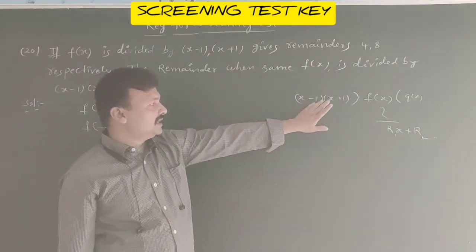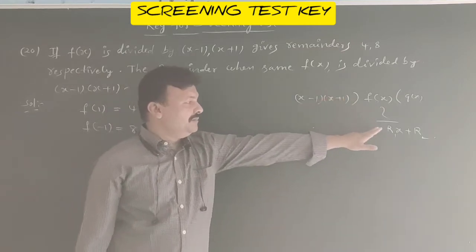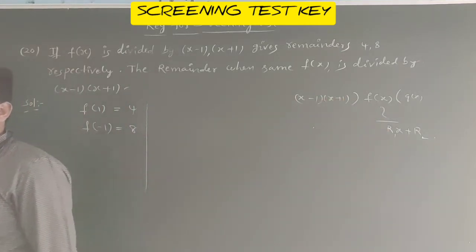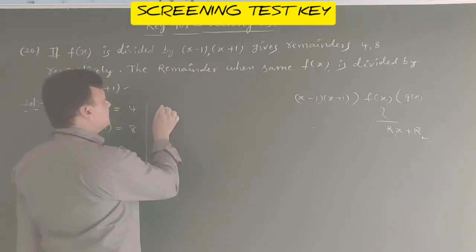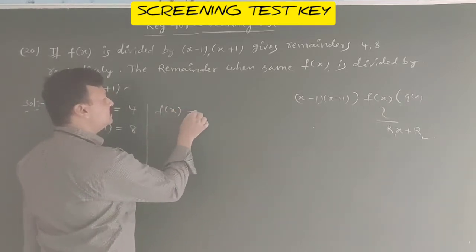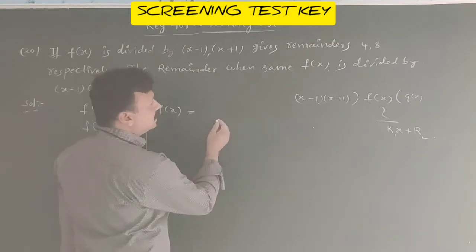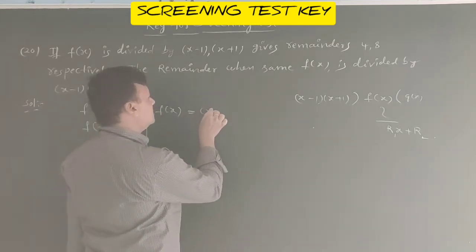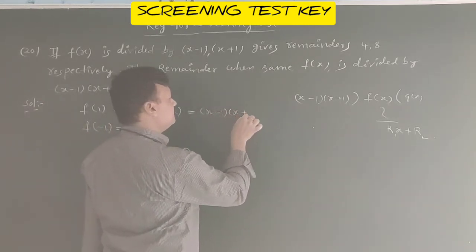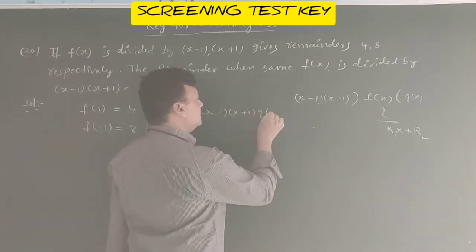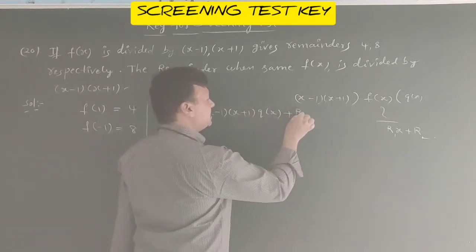If the divisor is quadratic, the remainder may be linear. That's why let the remainder be R1x plus R2. So f of x, dividend, equal to divisor into quotient plus remainder.